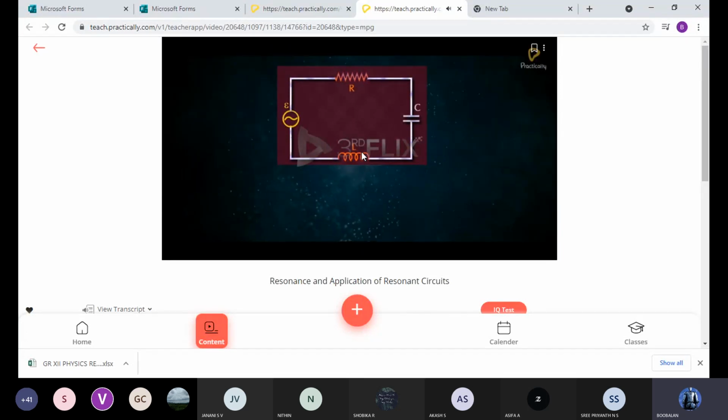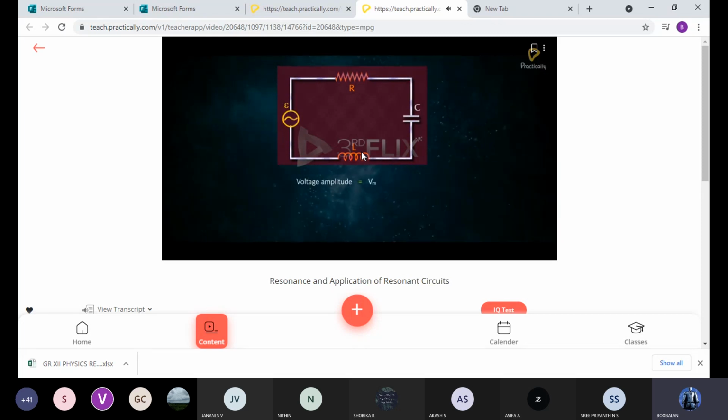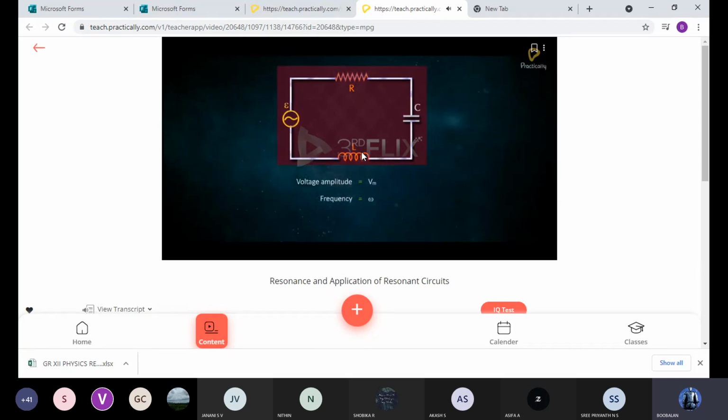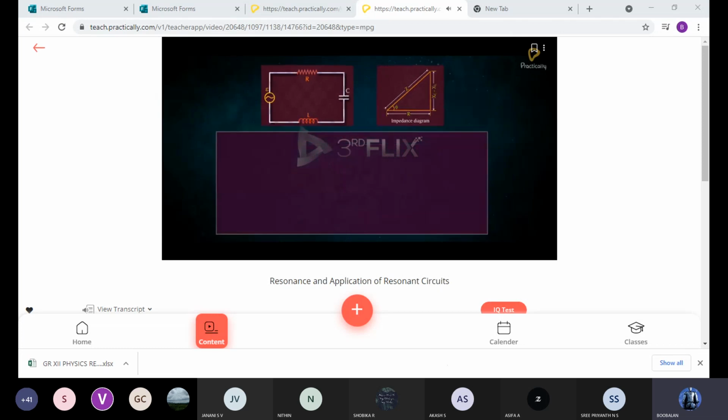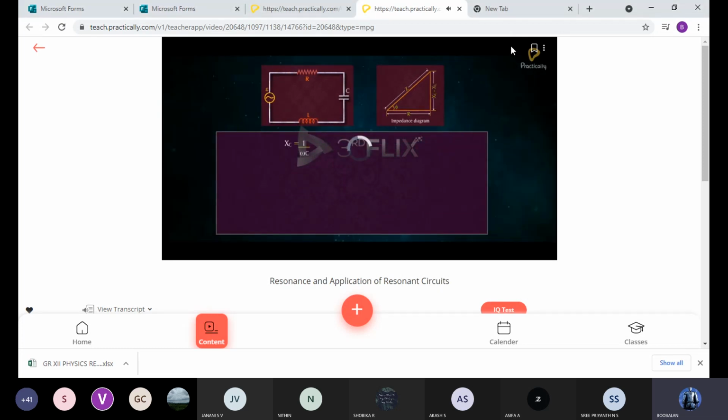Consider an RLC circuit with voltage amplitude Vm and frequency omega. Its current amplitude Im would be equal to Vm by Z, that is Vm by root over R square plus (Xc minus XL) whole square, where Xc is equal to 1 by omega C, and XL is equal to omega L. If the frequency is varied, at omega naught, Xc is equal to XL.